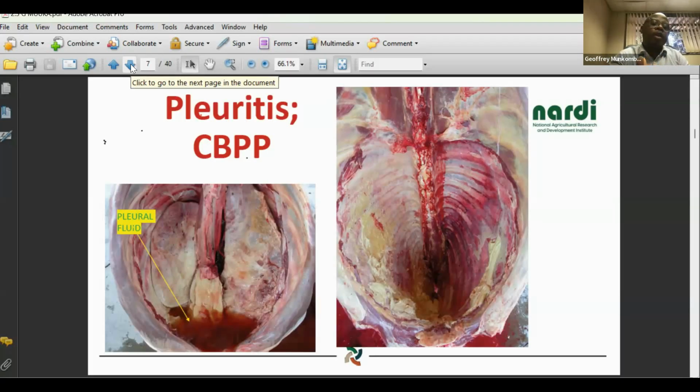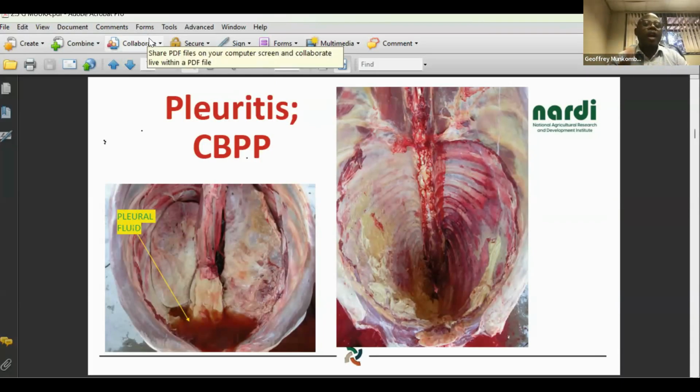But when we have the lung in situ, you can also see the pleural fluid still available, so you can clearly see that we have this pleural fluid in the animals. And I should hasten to mention that these pleural fluids are usually found in the acute and subacute cases. As the disease progresses to the chronic stage, you might not find the pleural fluid in the thoracic cavity.